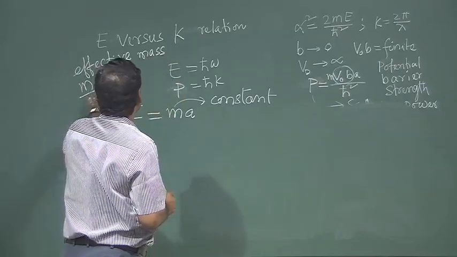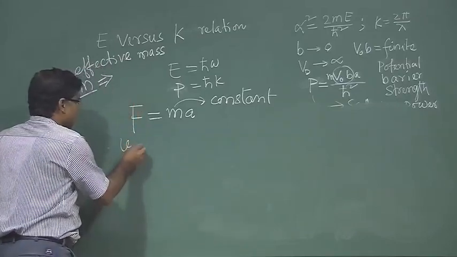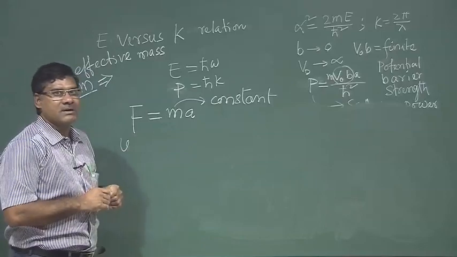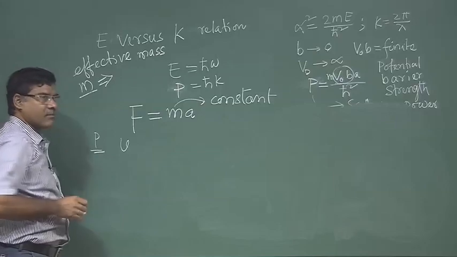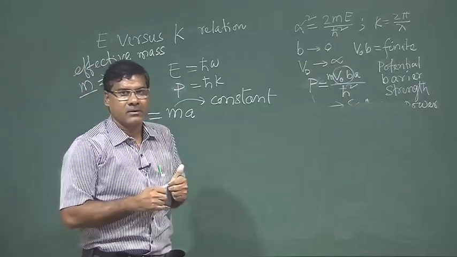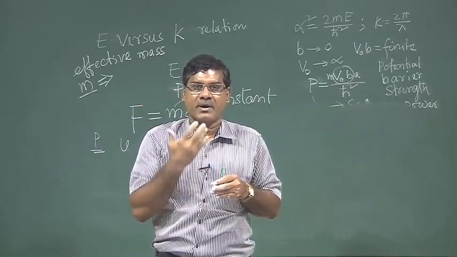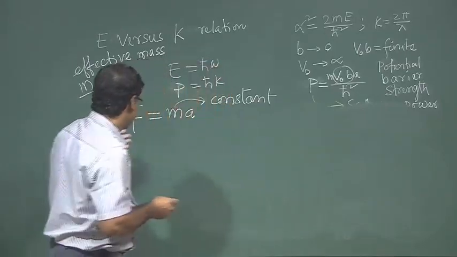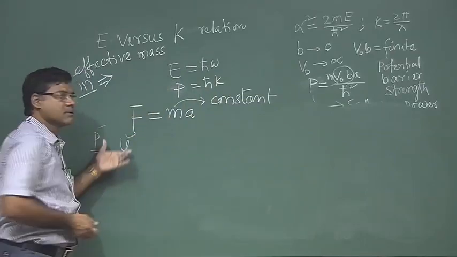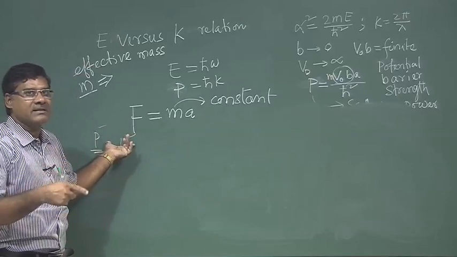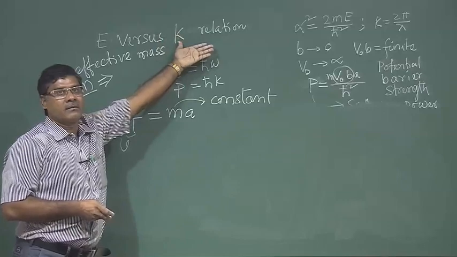And what about the velocity or momentum in the crystal? That is also different. Whatever the momentum and velocity of a free electron, when the electron is in a crystal its behavior is different, and it depends completely on the E versus k curve.